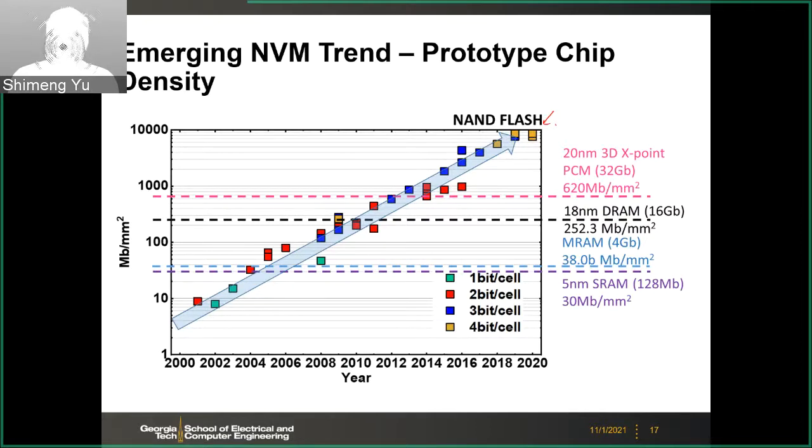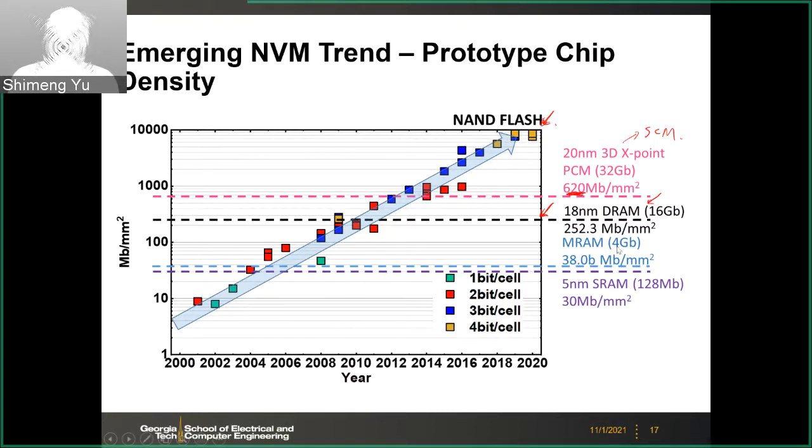And then the other technologies, for example, Intel's 3D XPoint, give you like 600 megabit per millimeter square. This is better than the 18 nanometer contemporary DRAM product. So this 3D XPoint, the 3D version of the phase change memory, indeed makes the density between the flash and the DRAM. So that's why this is a storage class memory, right?